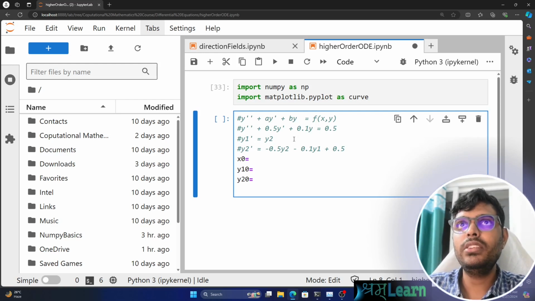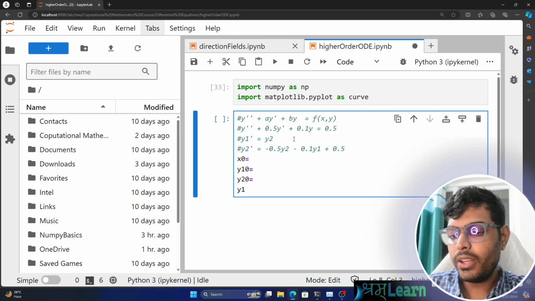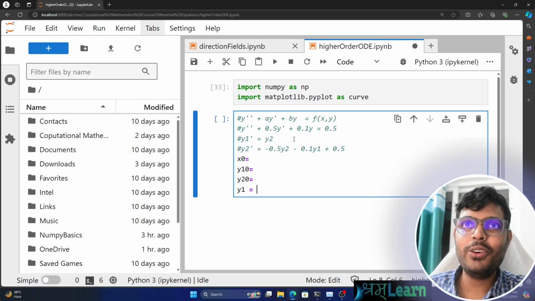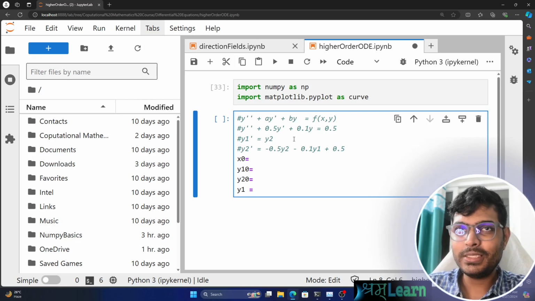So what is the solution? The solution is of the form y1. How do we want to take the solution? As an array, so np dot array.